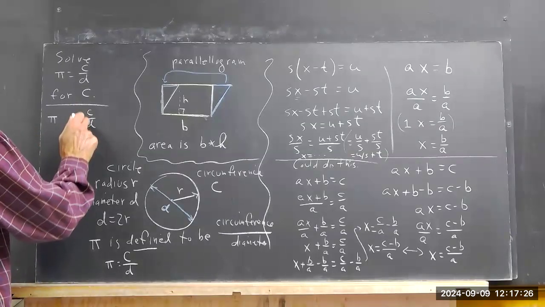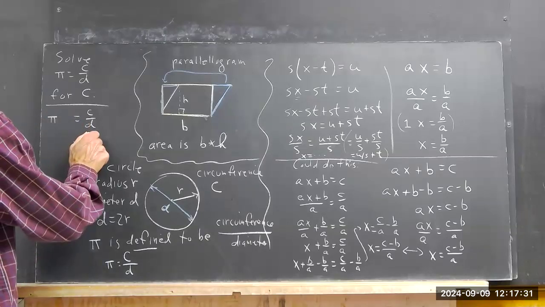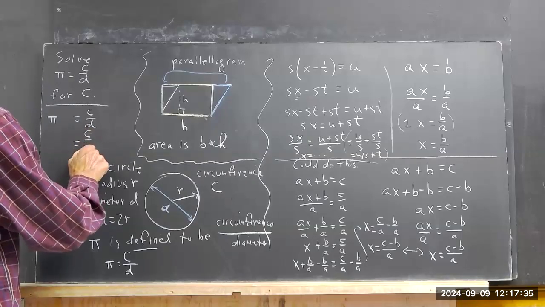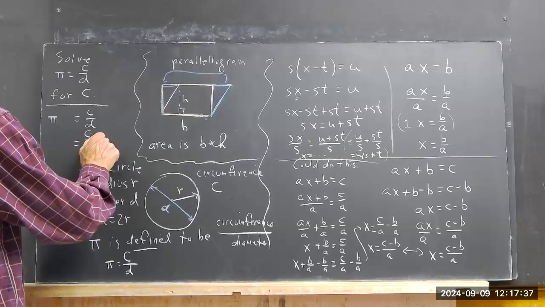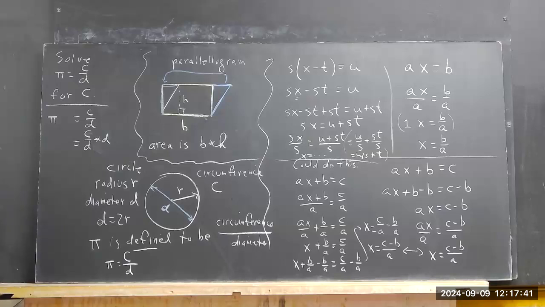What can I do to C over D if I just want to end up with C? What's C over D times D? Well, D divides the D, leaves you with C, doesn't it?